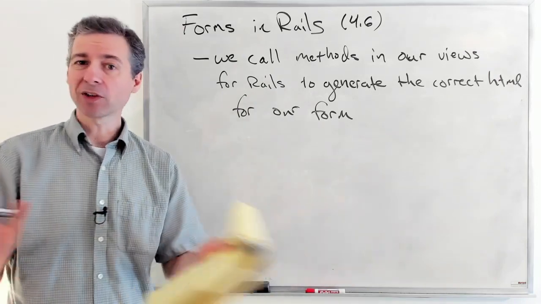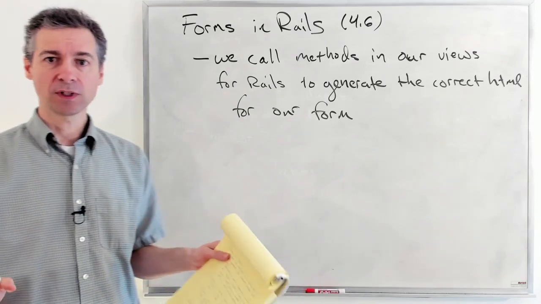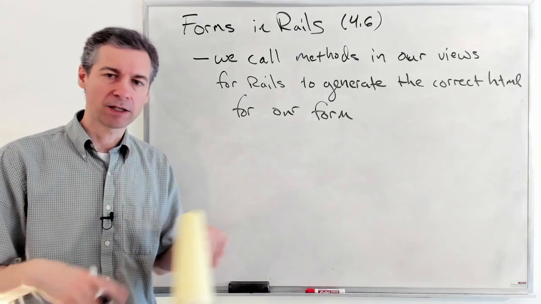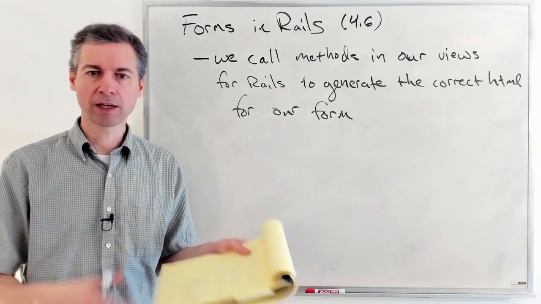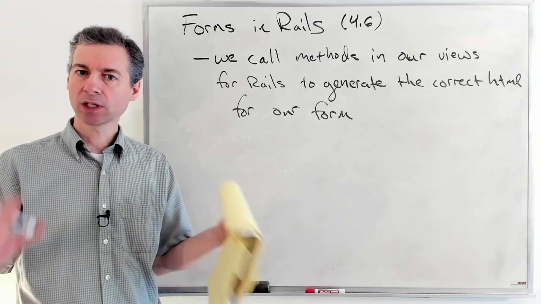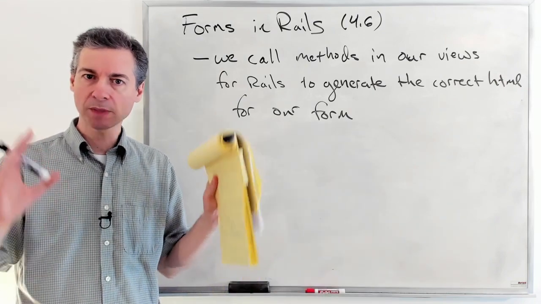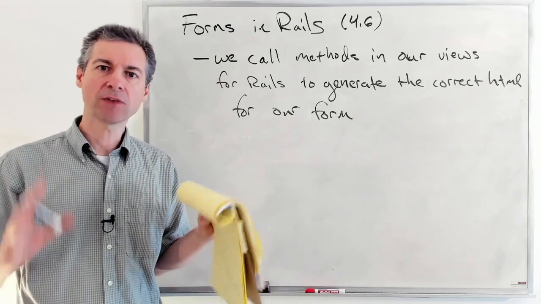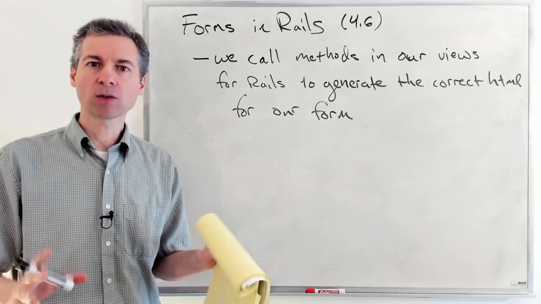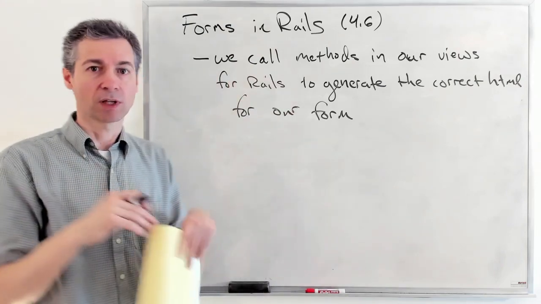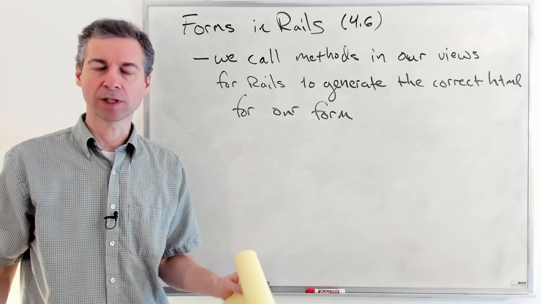We might do some other HTML, as you've seen in the views. You do an H1 for a header, and you've got paragraph tags and div tags and some things like that. But when it comes to the form itself, we're not going to write any of that HTML. What we're going to be doing is using methods in Rails to generate the HTML.